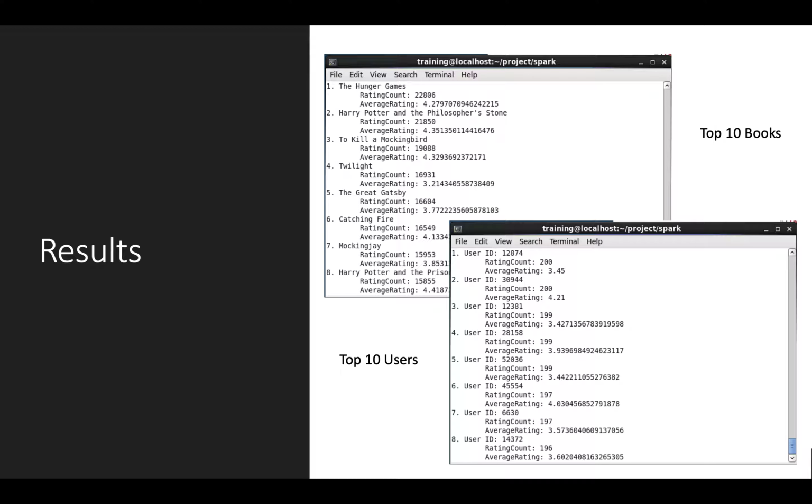We don't have detailed information about the user. We probably could take that user ID, go back to Goodreads, and get more information, maybe a username from them. But you can see that user number 1, their average rating is 3.5, but user number 2, who also did 200 reviews, is 4.21.